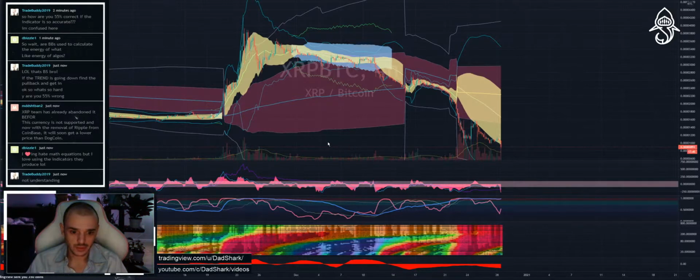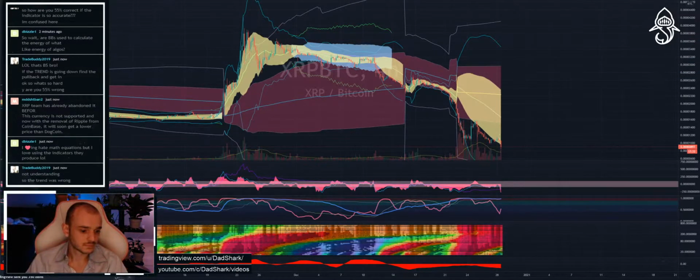I just explained, what's so hard? You can't take longs on the upside and shorts on the downside at the exact same time. Okay, it's not a trend, it's a pivot.